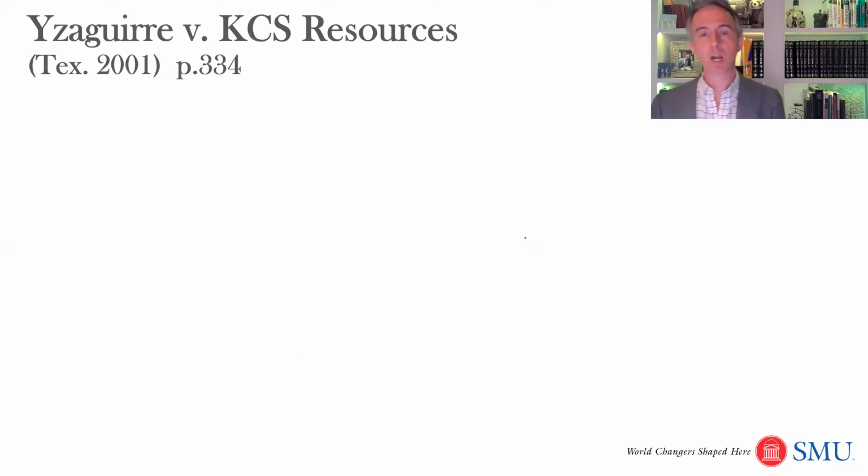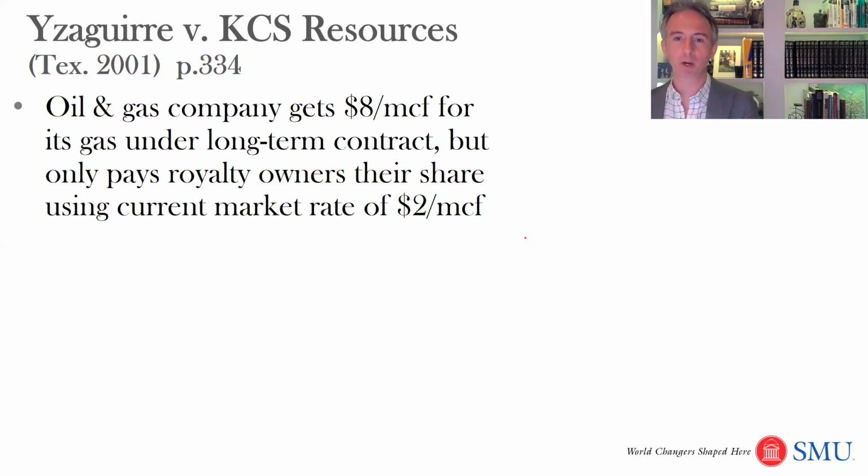All right, let's talk about a case where we had a clear focus on this sort of market value question. That's the Izagirre versus KCS Resources case from the Supreme Court of Texas, 2001. It's on page 334 in your book. So in that case, the oil and gas company was getting $8 an MCF for its gas under a long-term contract.